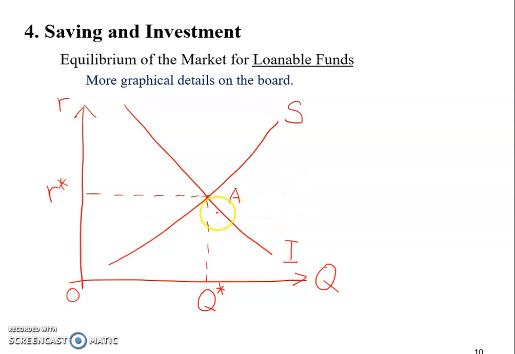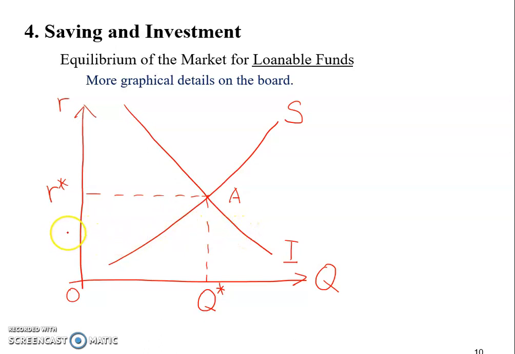As we discussed before, if the interest rate somehow lies above the equilibrium level, we're going to find a surplus here. So people would save more than what businesses need. If the interest rate somehow falls below it, we're going to find a shortage.